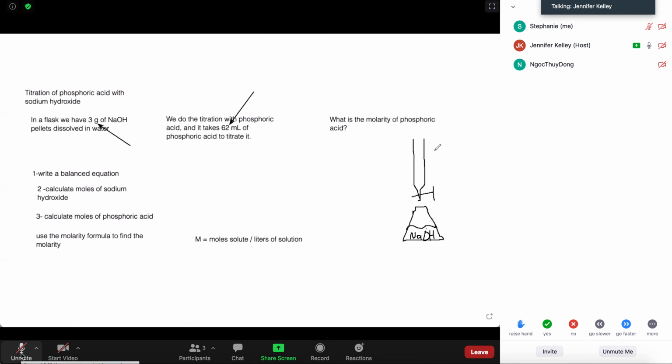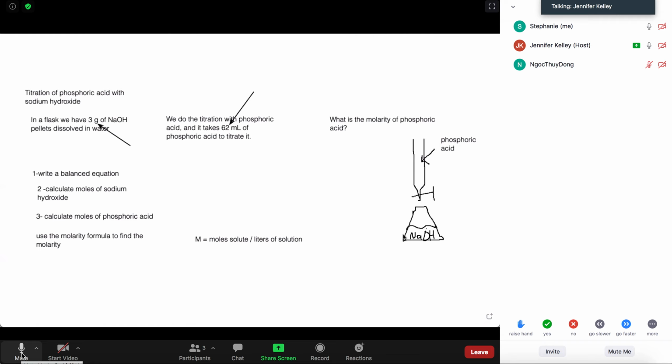So we've got sodium hydroxide in there, and in the burette is the phosphoric acid. So that's how we've got it set up.